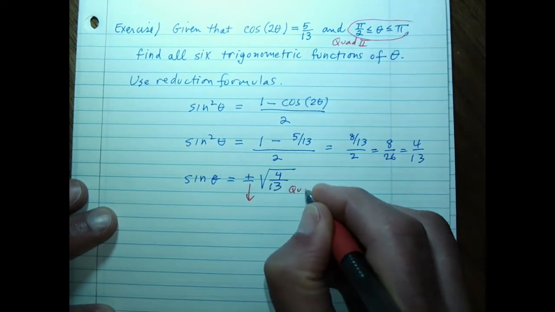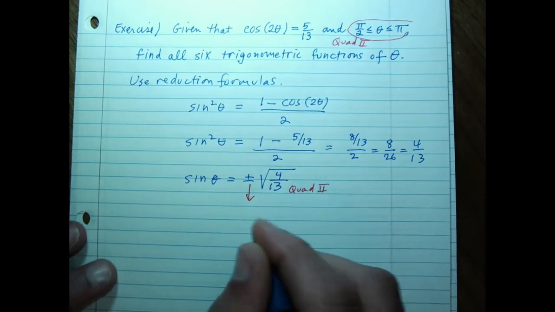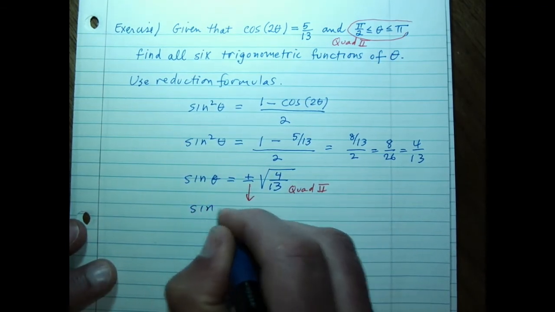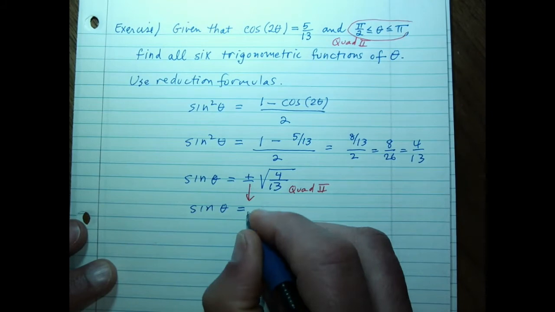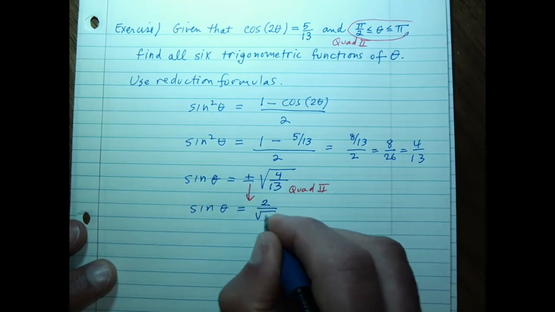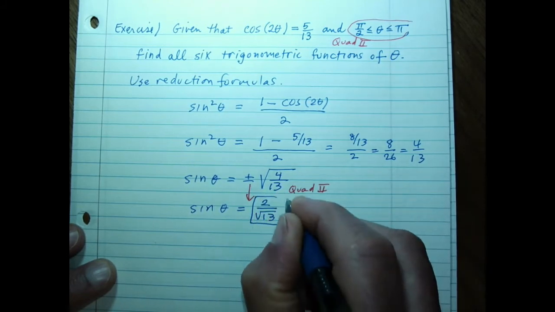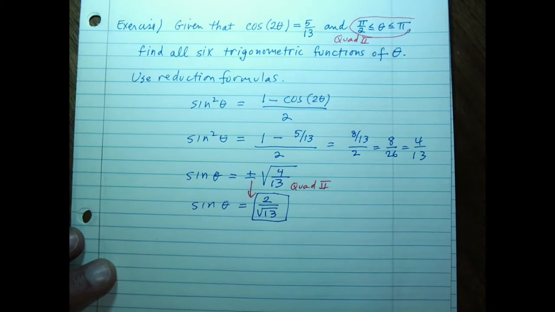So since we're in quadrant 2, we know that sine theta has to be positive, right? Because y is positive in quadrant 2. So this is going to be positive 2 over the square root of 13. There's one of our 6 trig functions. We got sine of theta.